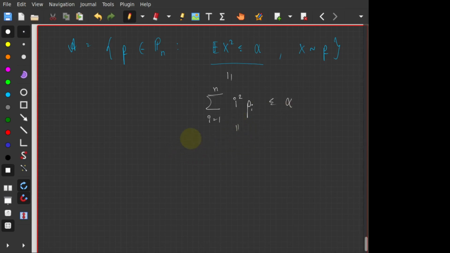But I can also write this as the vector 1, 2 squared, 3 squared, up to n squared, dotted with p, less than or equal to alpha. So this just defines another half space.